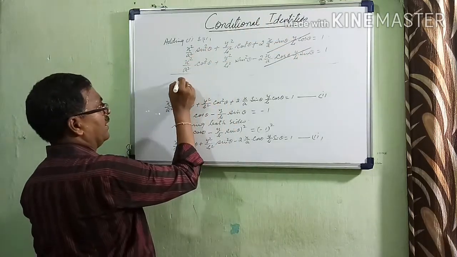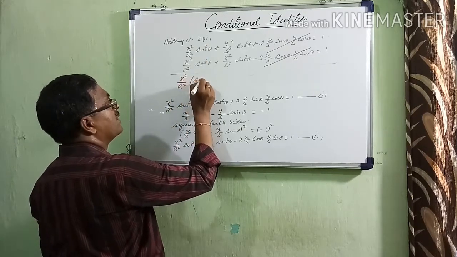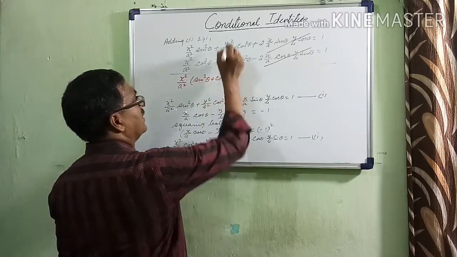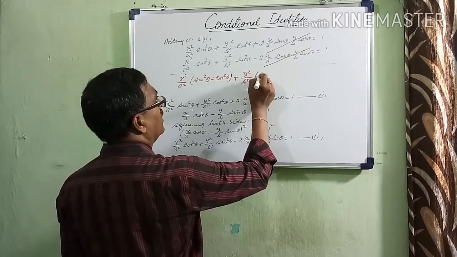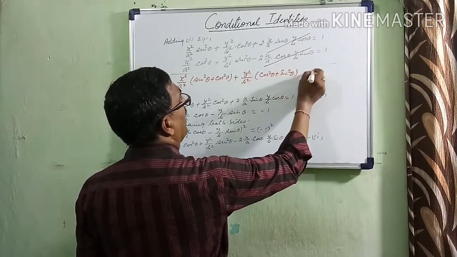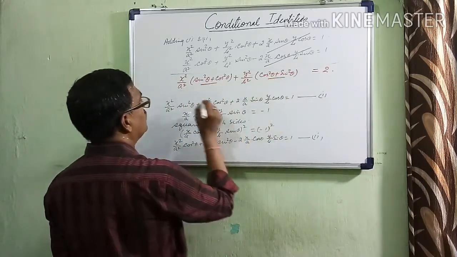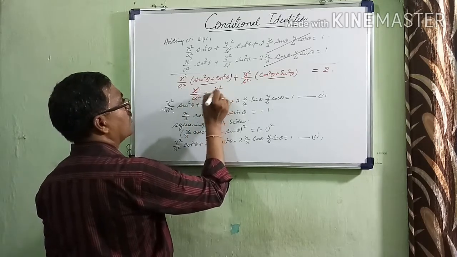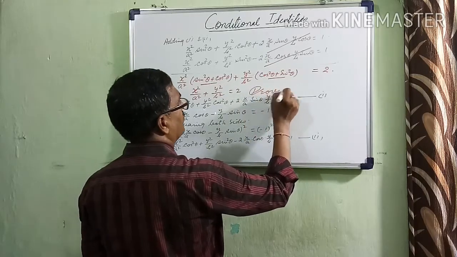What is left here? x²/a² is common, sin²θ + cos²θ left. In the second case, y²/b² is common, cos²θ + sin²θ left, and that is equal to 2. This is equal to 1, this is also equal to 1. So you have x²/a² + y²/b² = 2, and that was to be proved.